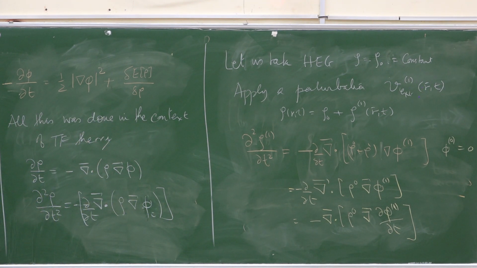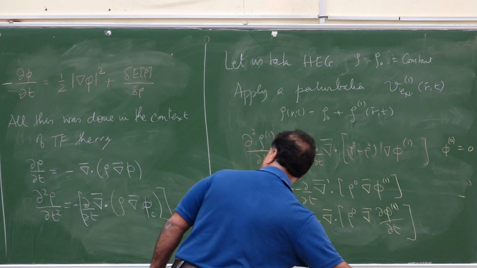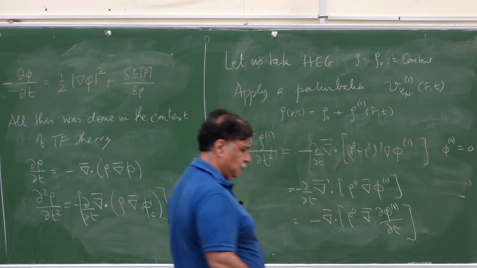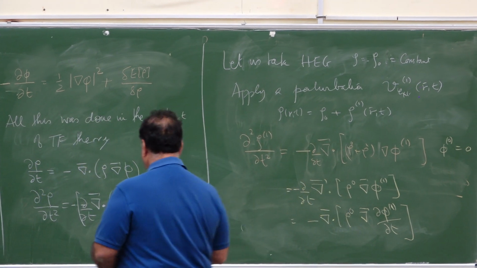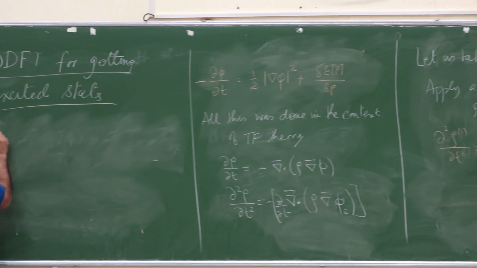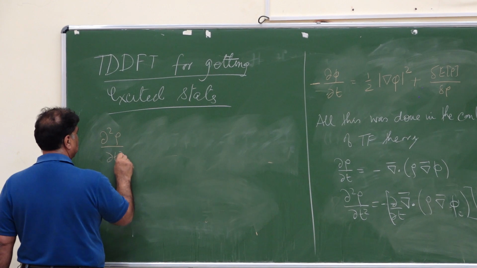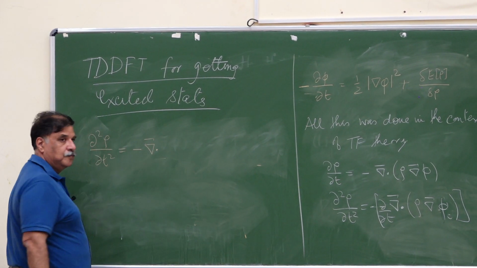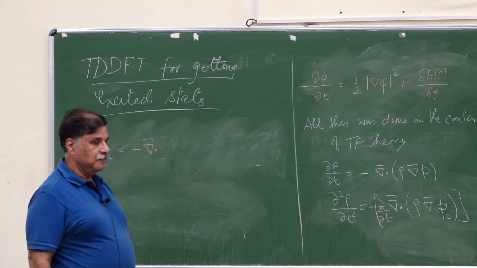Okay, so far? Now what we're going to do is write the equation for d phi 1 dt. What was the equation for d phi 1 dt? I just erased it. So I have d2 rho of dt square is equal to minus divergence of, right?